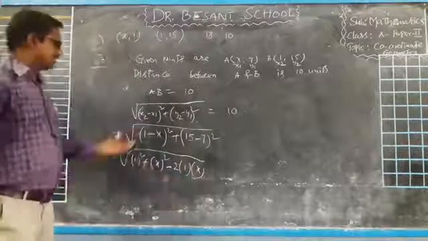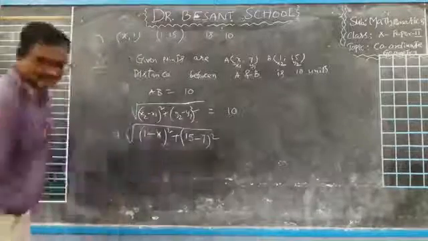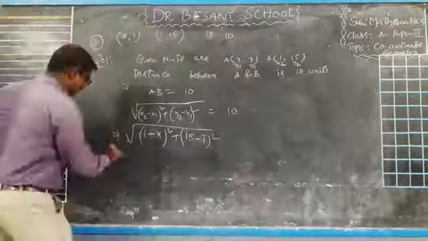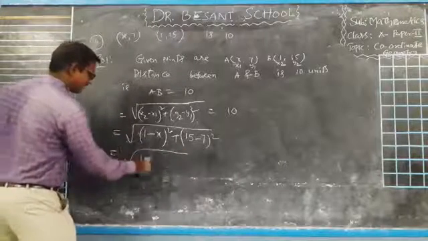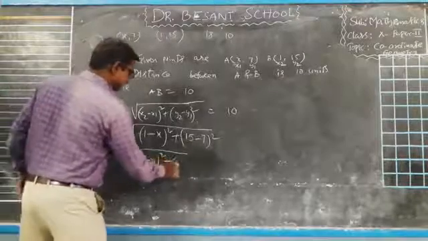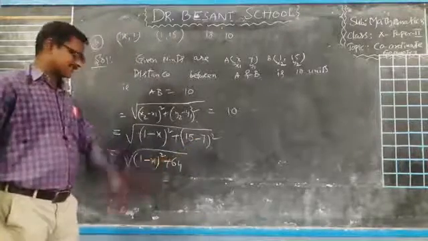Or else simply don't expand, it will become very clumsy and difficult for us, and time taking also. As it is, leave it: (1 minus x) whole square plus 8 square, which is 64. 15 minus 7 is 8, 8 square is 64.